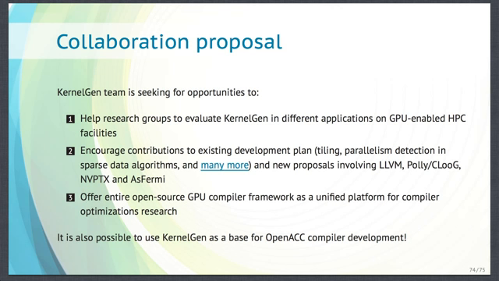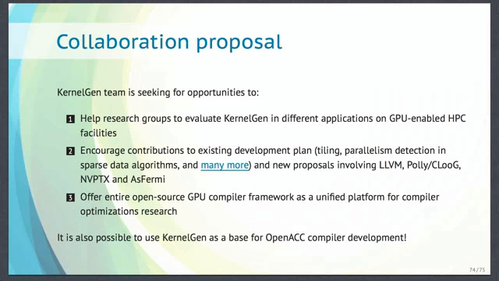We also welcome contributors with compiler technology skills. There are a lot of open submissions like tiling, sparse data algorithms, and many more. And we also welcome new proposals related to KernelGen, LLVM, Polly, and other technologies.